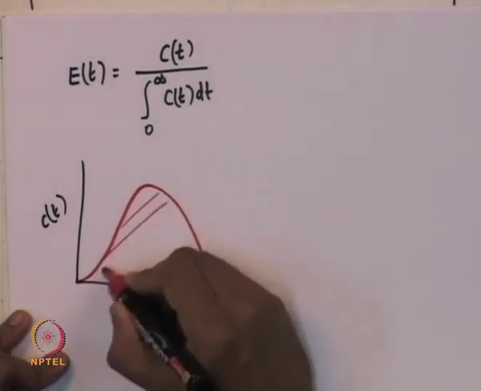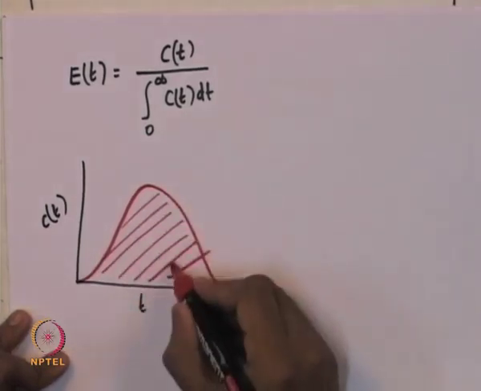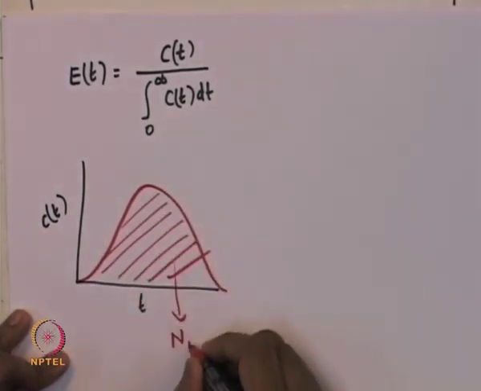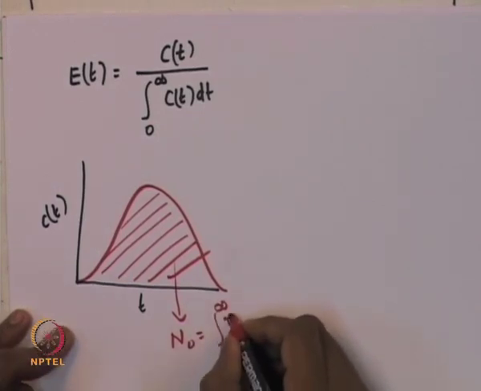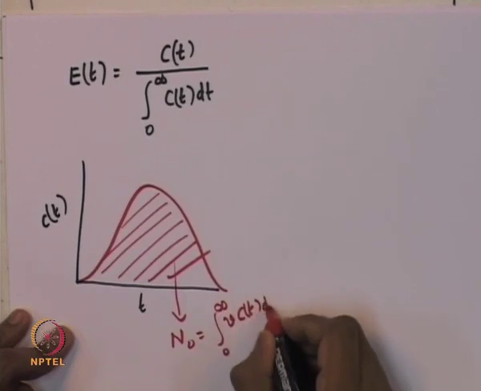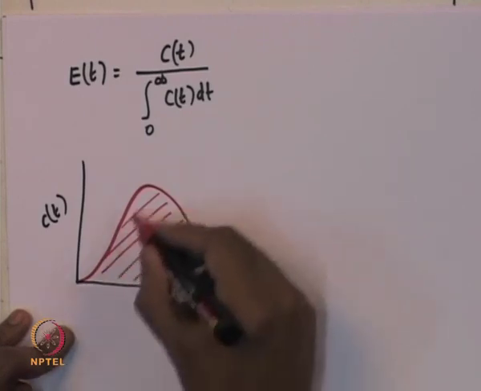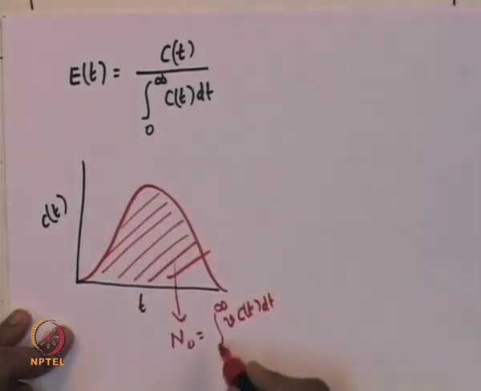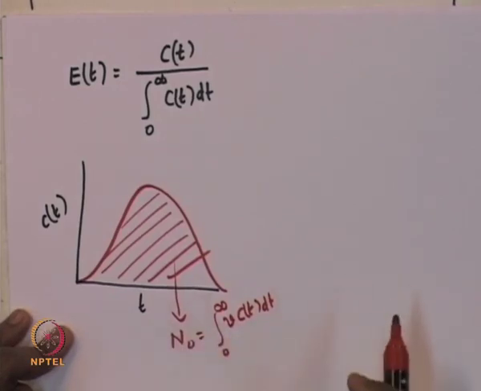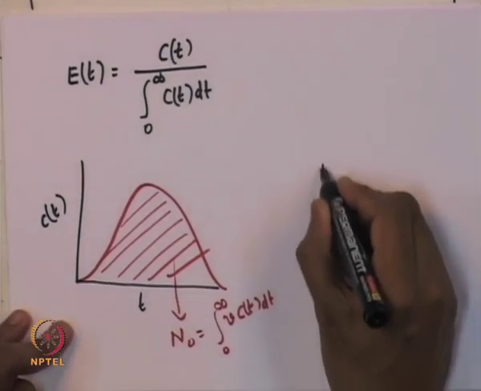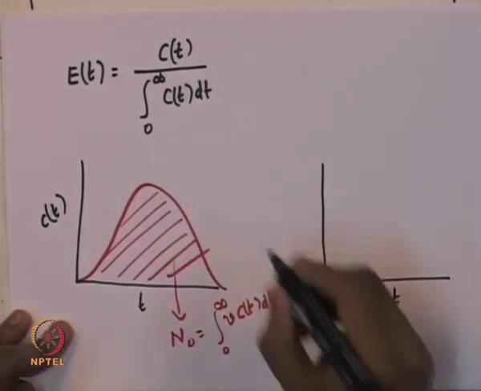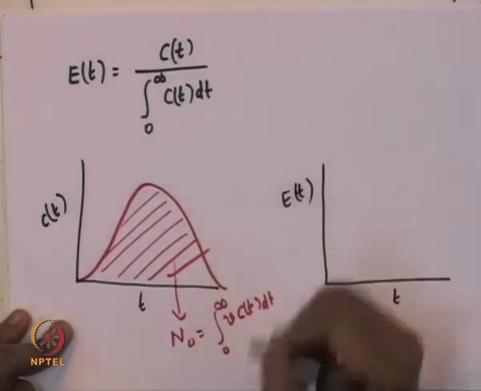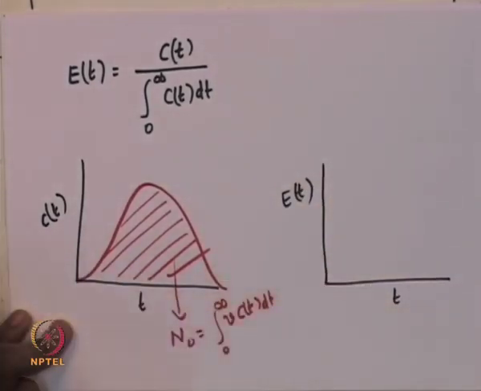Then the area under this curve is essentially N naught, the integral from 0 to infinity of V into C of t dt. So, a weighted area under this curve gives the total amount of tracer that has been fed into the reactor.